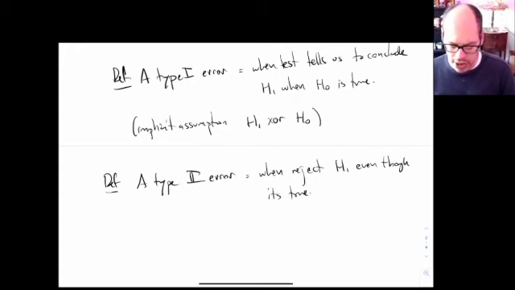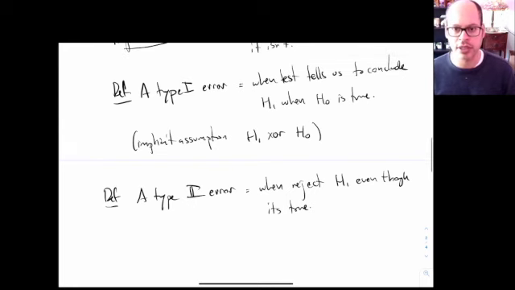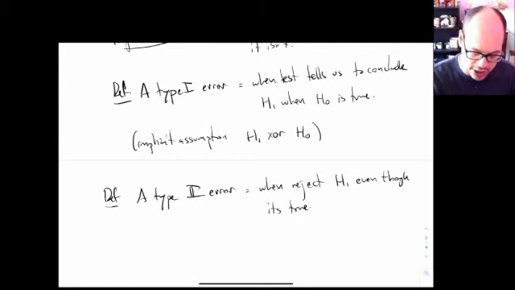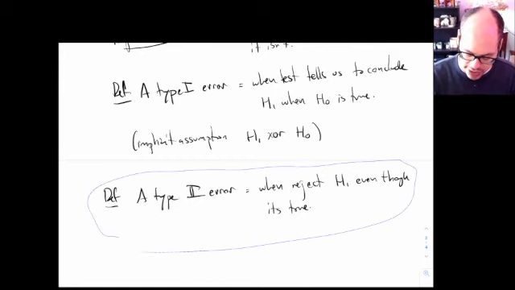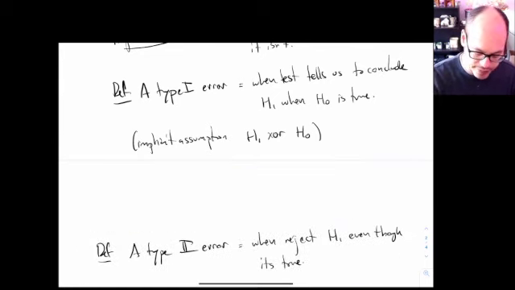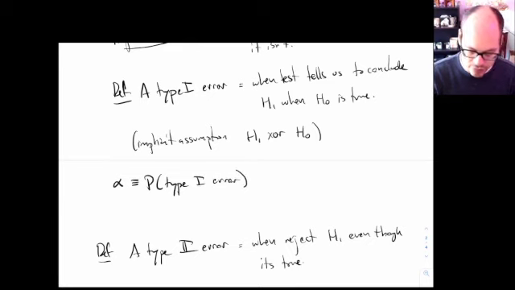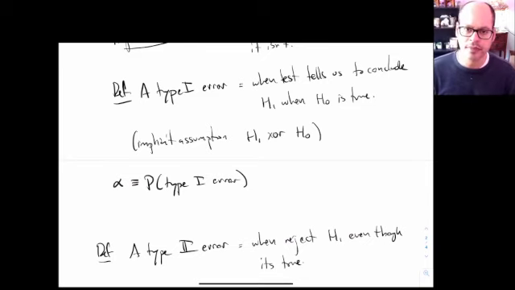Okay, so I guess I should have mentioned for a type 1 error, the probability of a type 1 error has a special name. It's called alpha. So alpha is defined to be the probability of a type 1 error when you do your test.